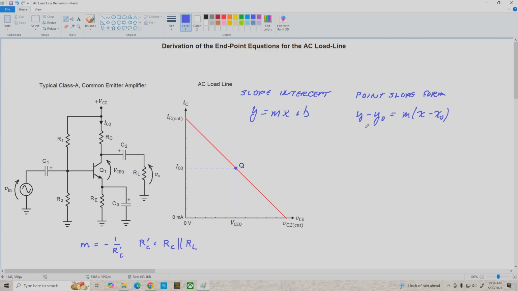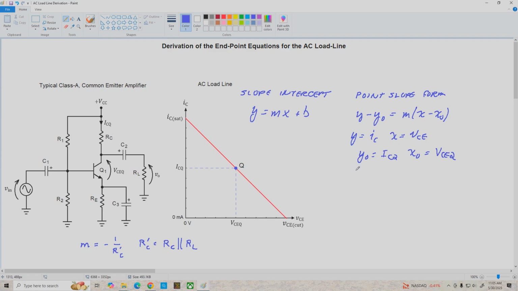All right, so let me identify these and write them down, okay? So y is equal to I sub c, x is equal to VCE, m is the slope, of course, we already have that. All right, so y naught is equal to ICQ, and x naught is equal to VCEQ.